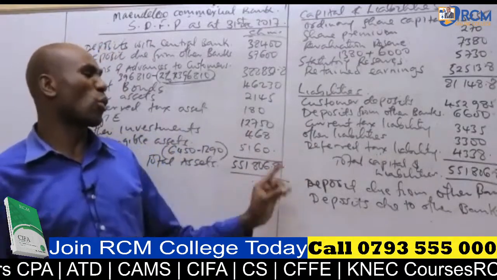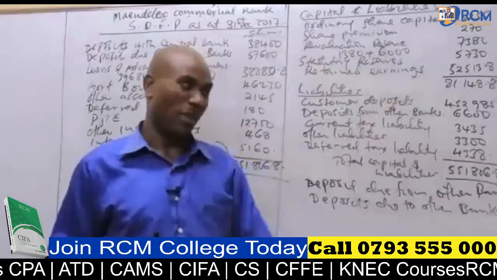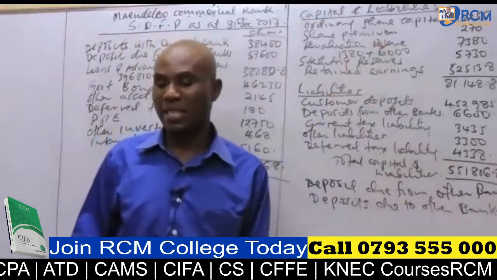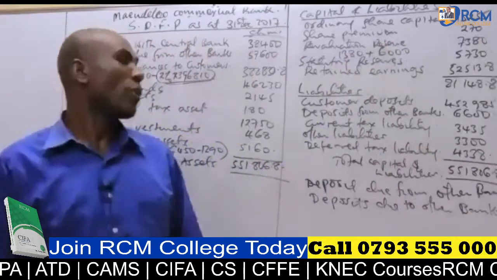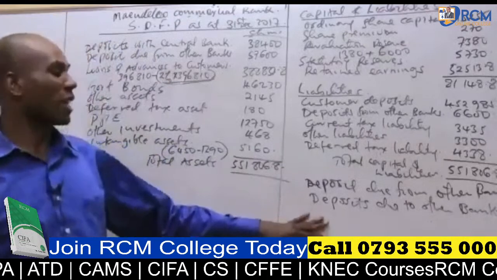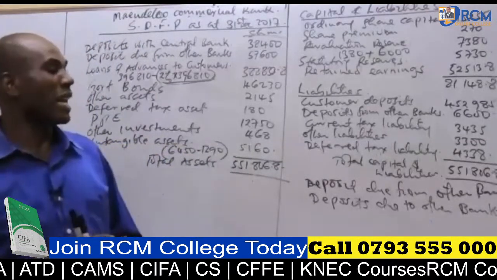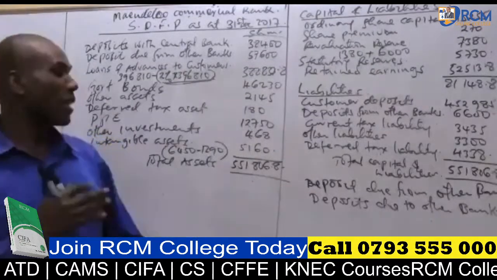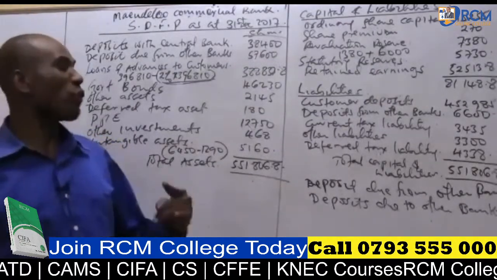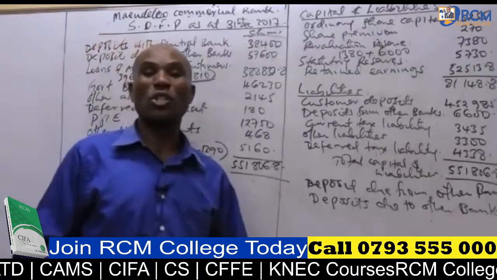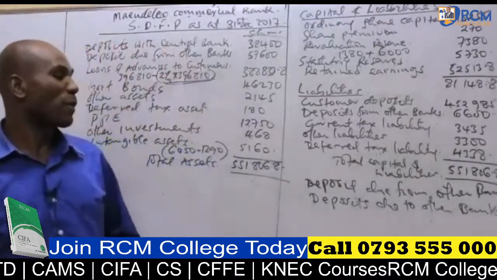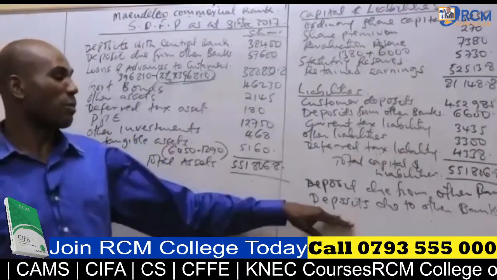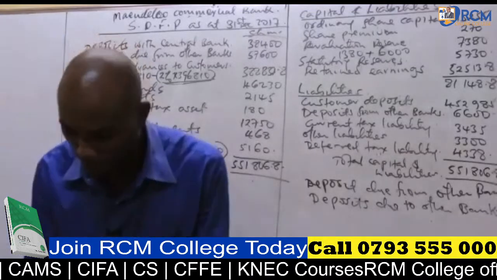But if it is due to other banks, it's a payable. It means we need to pay. Kindly don't confuse. Maybe in an exam you lose 1 or 2 marks because of due from and due to other banks. Therefore, just know that due from other banks is receivable, due to other banks is payable.